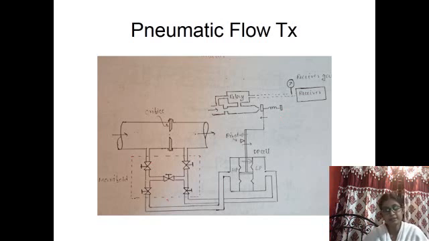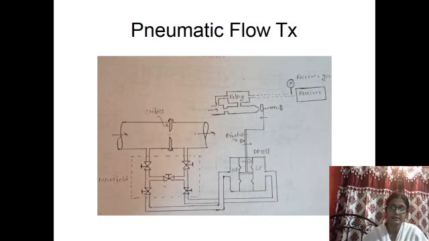This is an additional unit for this level control system, and this is the standard unit called a manifold, having a 5 valve unit, where this valve is called the equalizer. Since there is no open to atmosphere condition, initially these two pressures should be equal.